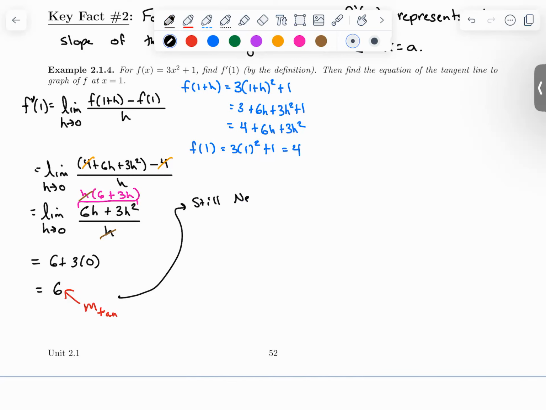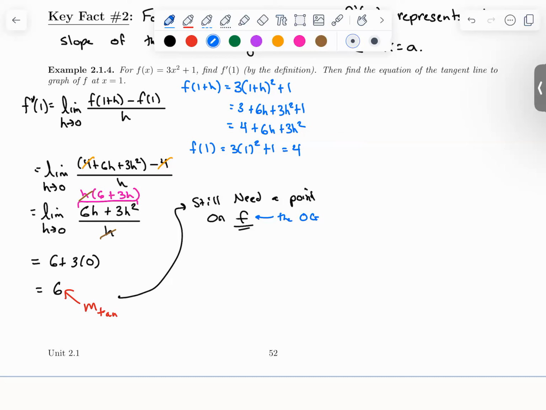Still need a point on f, the OG function, the original function, not f prime, but the point on f, because we're talking about a tangent line to f, not to f prime. So how do we get that? Sometimes it's given. Sorry, I'll let you answer that, Chris, in just a second. Sometimes it's given. Sometimes it would say find the equation of the tangent line to the graph of f at 7, 8, something like that. In which case you got the point. Awesome. Other times it says that x equals 1.